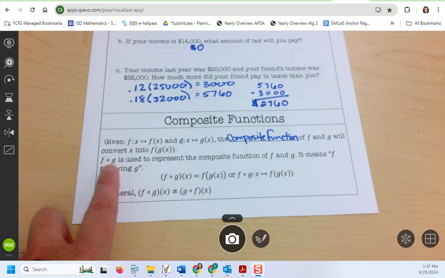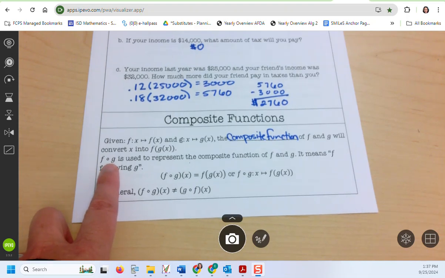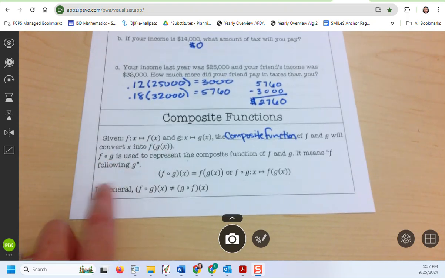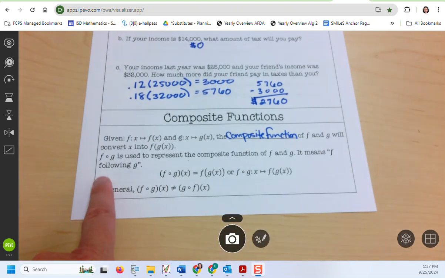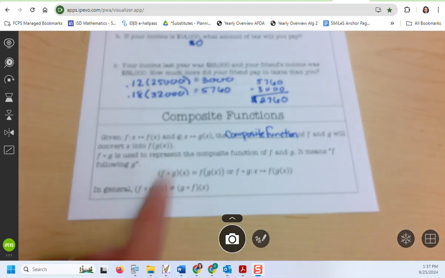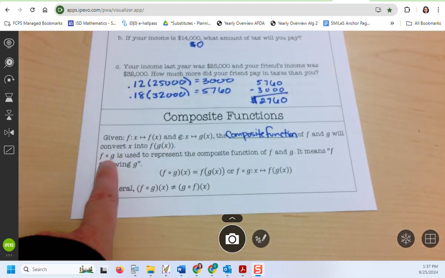This is another way of writing f of g of x. Raise your hand if you've seen this second way before. Some of you have seen the second way before. Yeah, some teachers will show you both ways. They mean exactly the same thing. It says here it means f following g, but it also means f of g of x. There's no difference in the calculation when you do this or when you do this. They're the same.